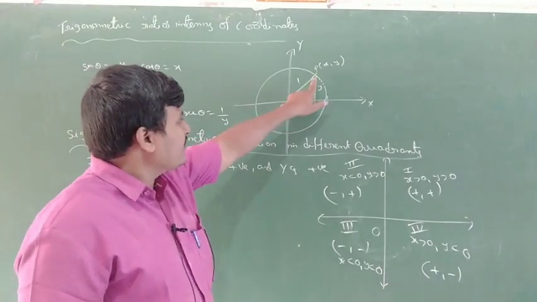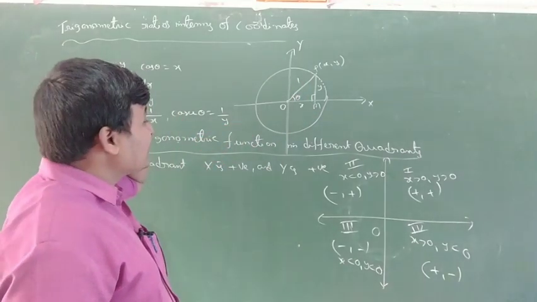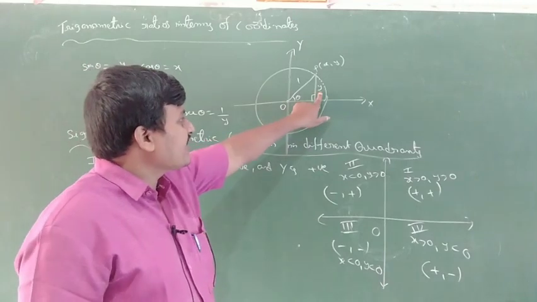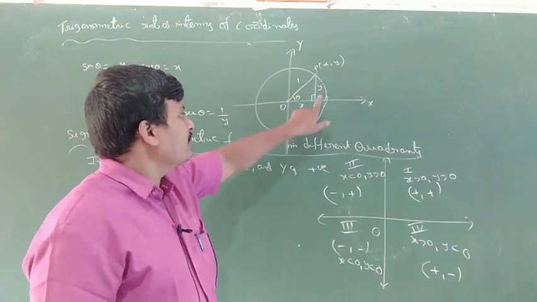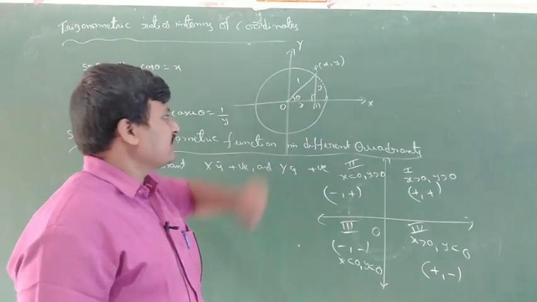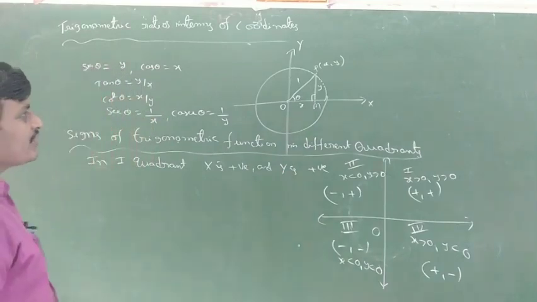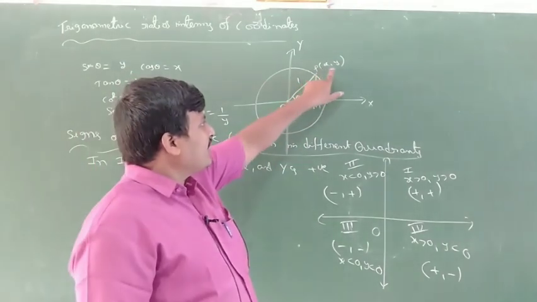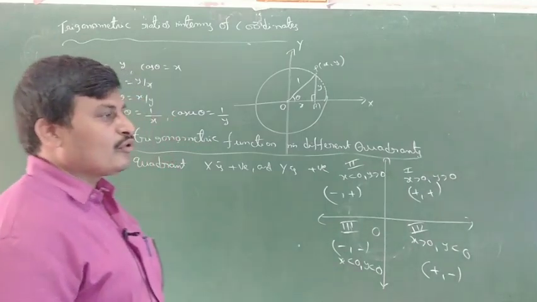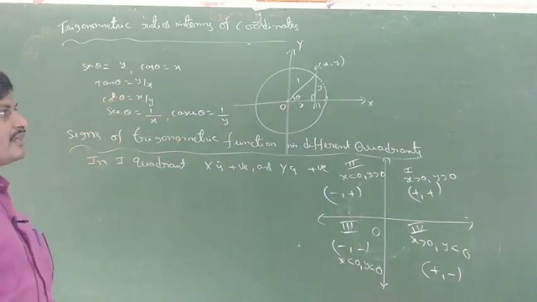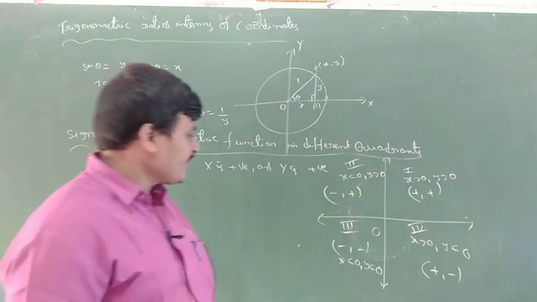Unit circle means radius 1. This is the theta. The opposite side PM is taken as y, and the adjacent side OM is equal to x. The point lies at x comma y. Take any point, for example x comma y.